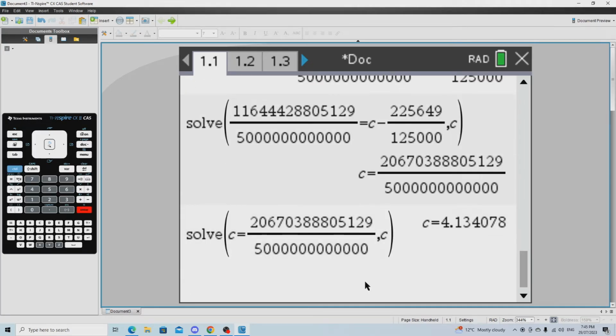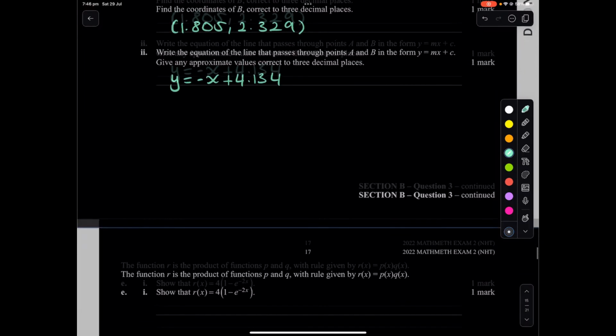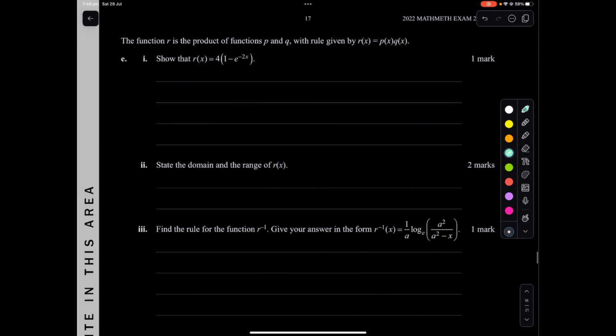So 4.13, okay, so your c value is that. Just double checking, your c value is plus 4 point, to 3 decimal places, 134. It looks right. The function r is a product of the functions p and q, which is this.